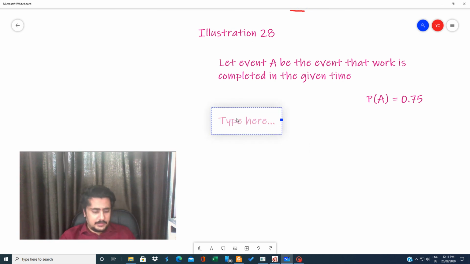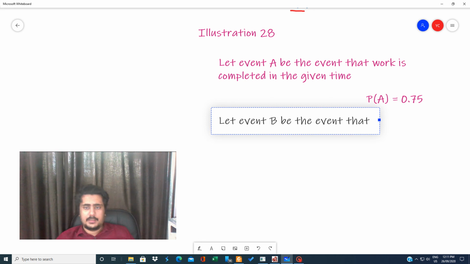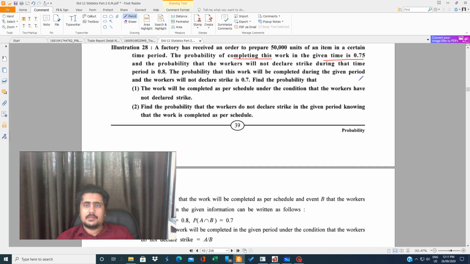Then let event B be the event that, now what is event B? Read the question. Find the probability that worker will not declare the strike during that time.